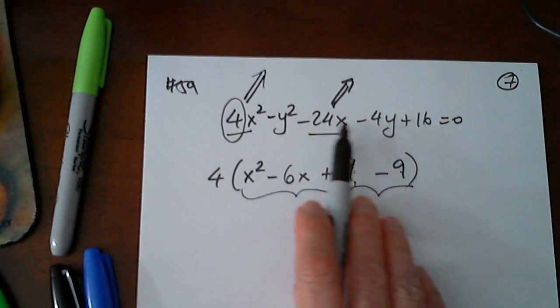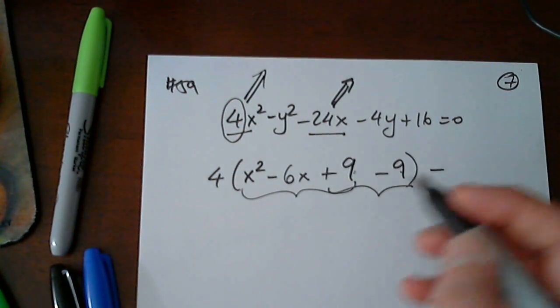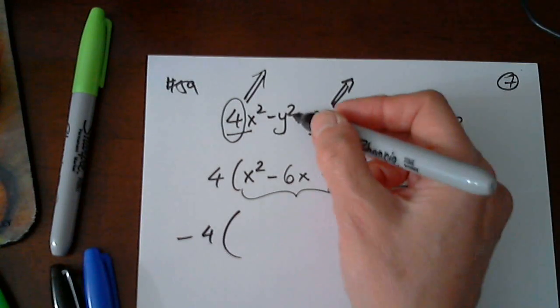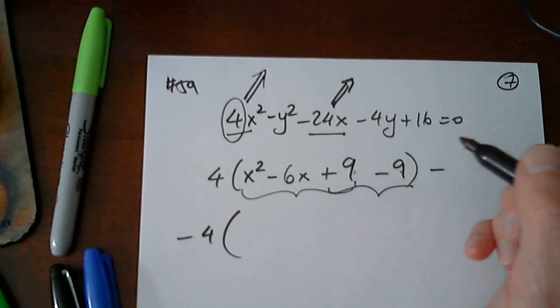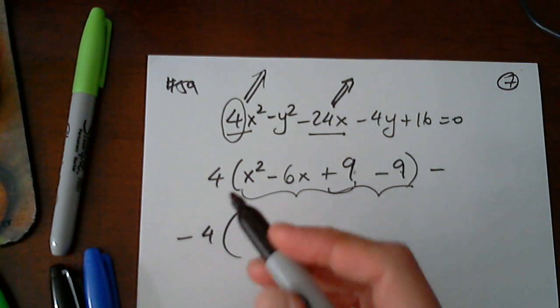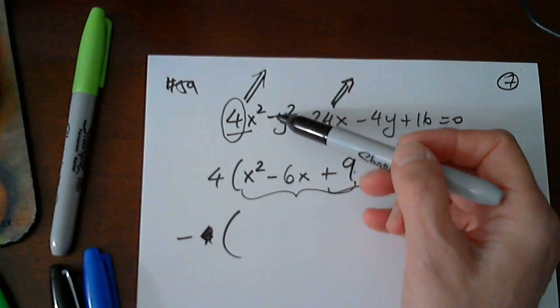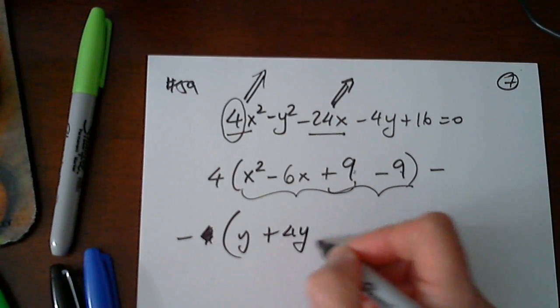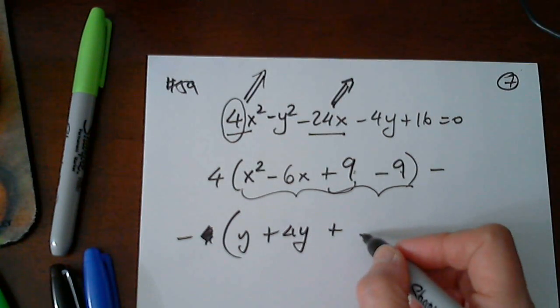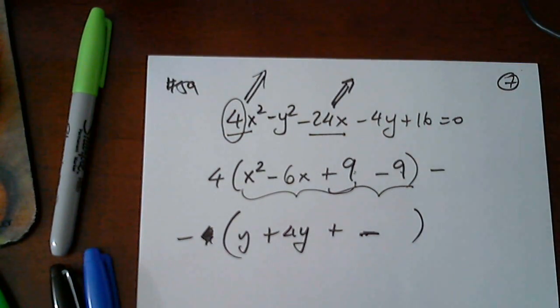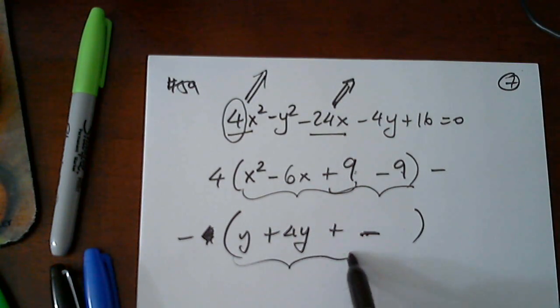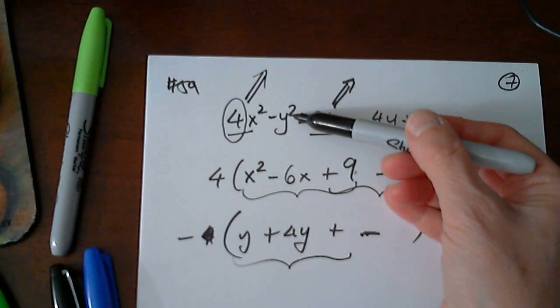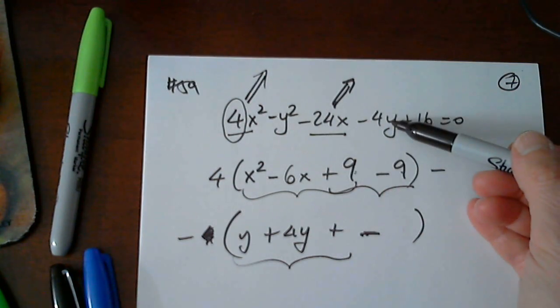Now we focus on y. And we have to factor out -1 this time, because there is no other number. So I have y squared plus 4y plus and minus. What do I add and subtract to complete the square now? This is y squared with negative in front, and this is -4y.